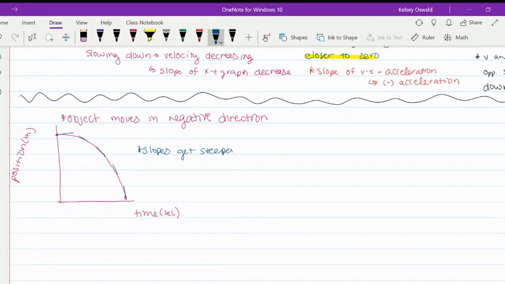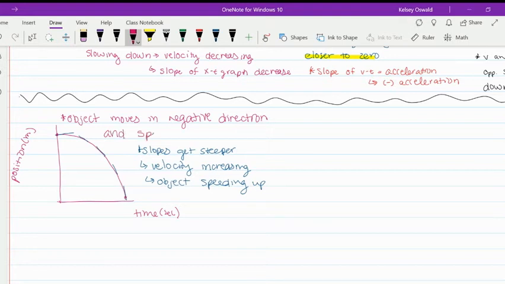This is going to tell us that our velocity is increasing because we find our velocity by looking at our slope. And since our slopes are increasing, our velocity values are also going to increase, which tells us this object is speeding up. So this is an example of an object that's moving in the negative direction and speeding up.